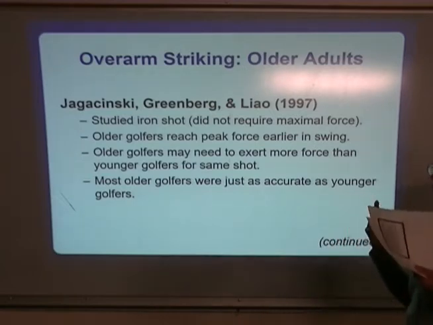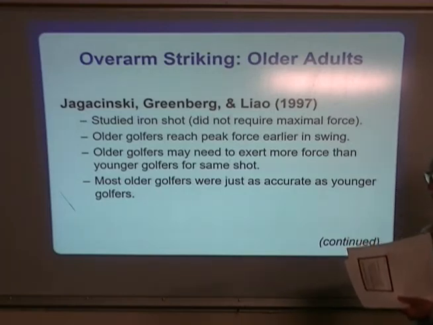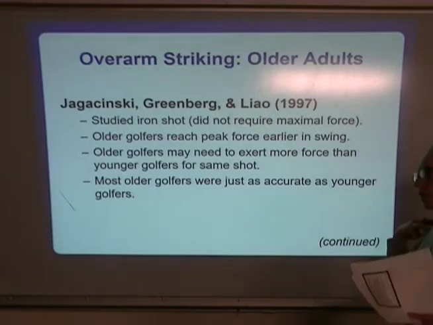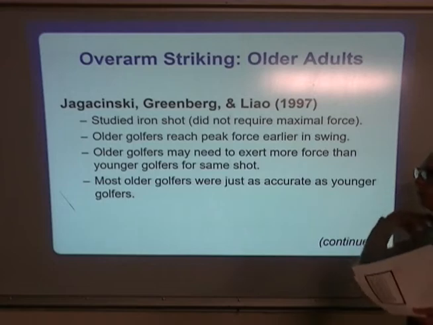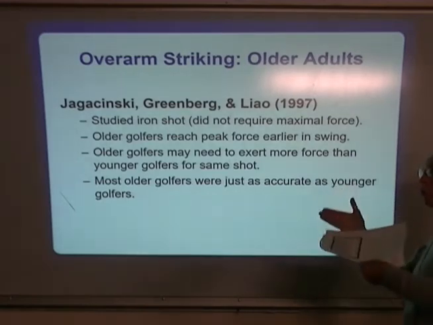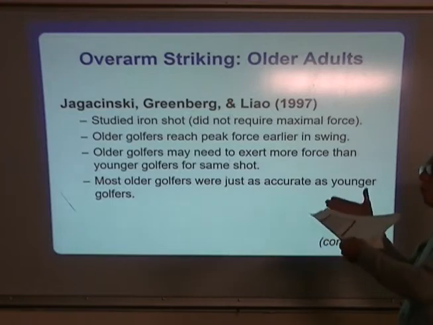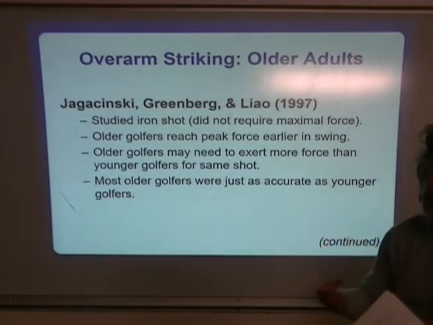So striking skills are very much dependent upon range of motion at the shoulder. So if we see some arthritis or just some loss of flexibility in the shoulder, then that would impact what we see as a motor pattern emerge, right?